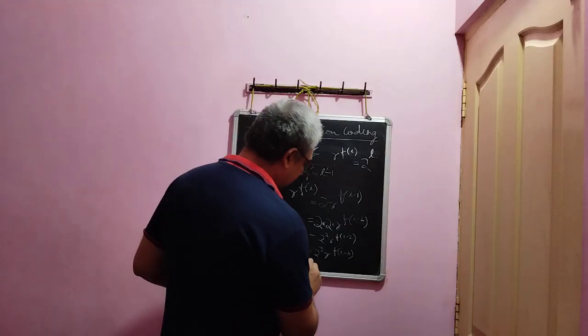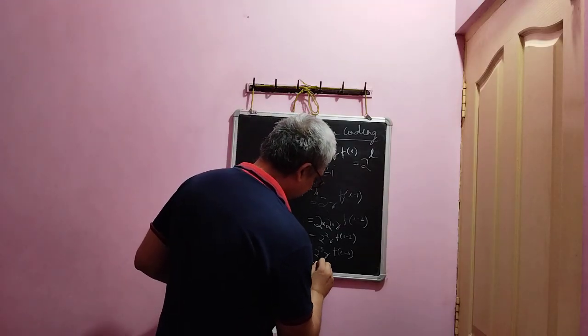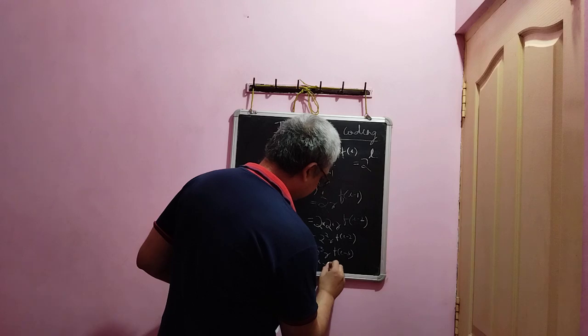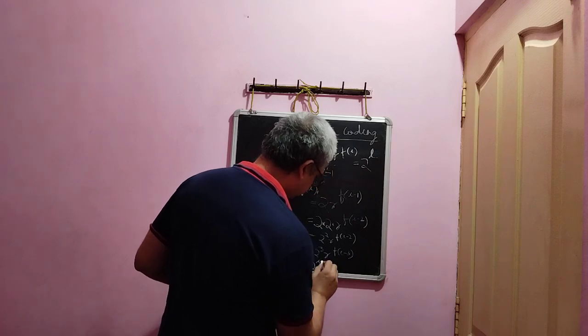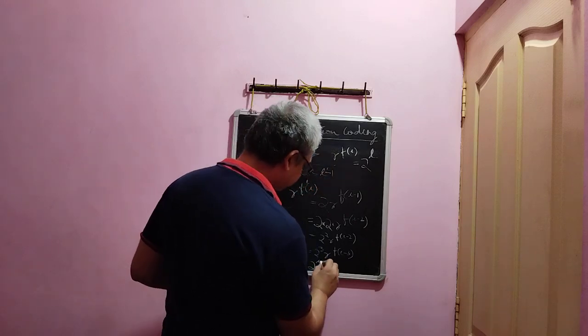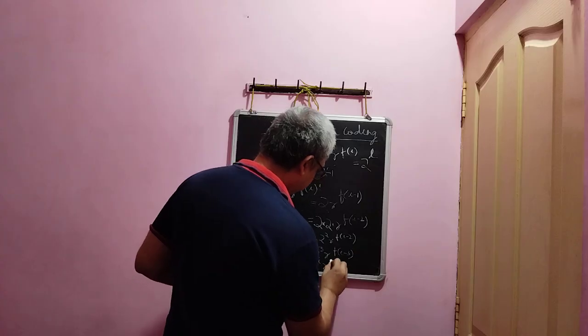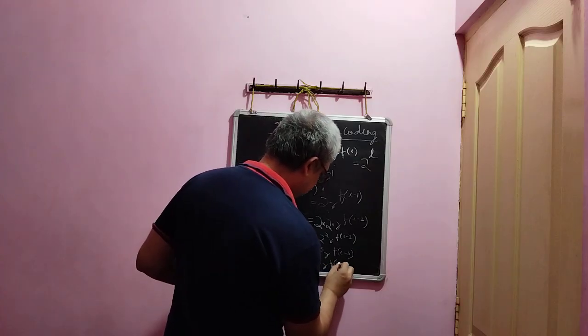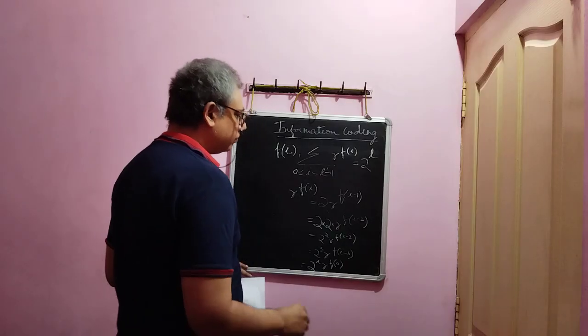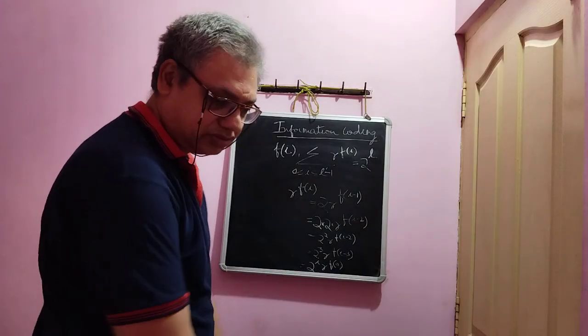So in general this is equal to 2 power I times r power f of 0.